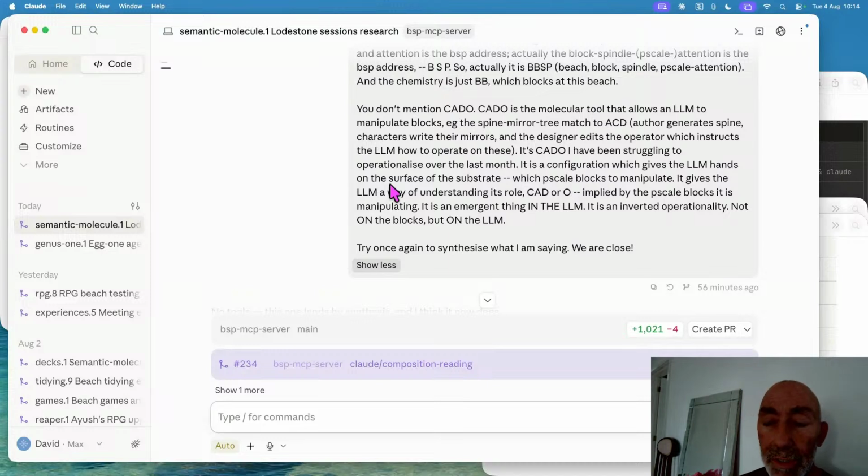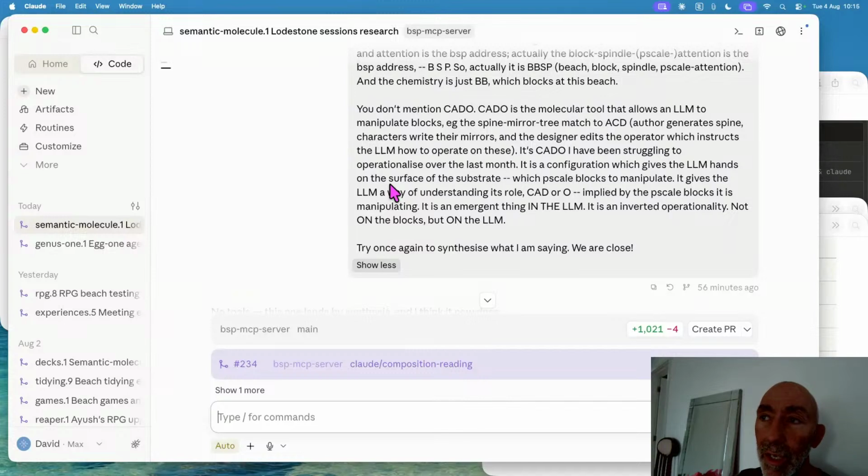So the CADO is a kind of tool that the LLM appreciates of itself and the roles it is performing, relative to different perspectives. Basically, it creates perspectives. The CADO gives different perspectives, and hopefully it allows the LLM to change perspectives.